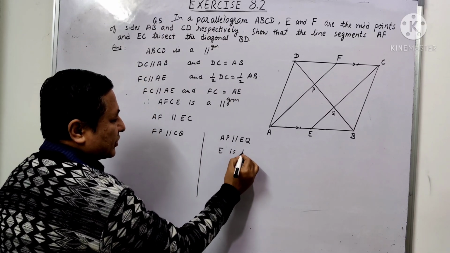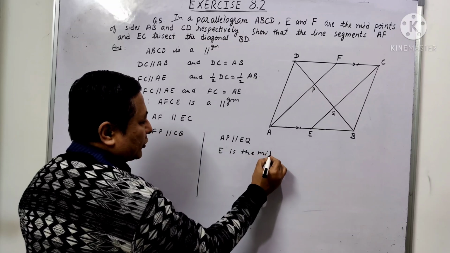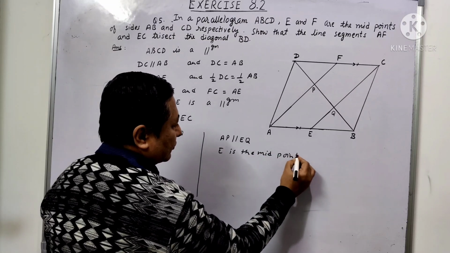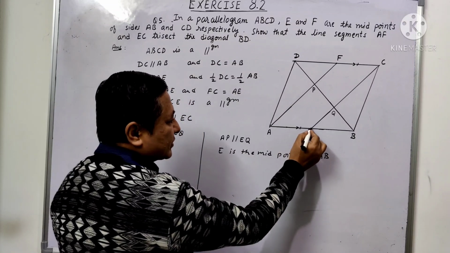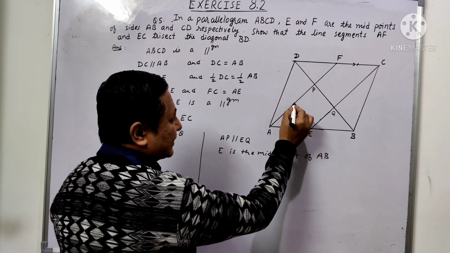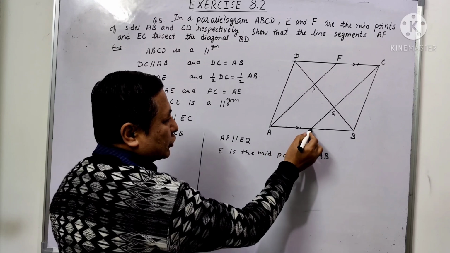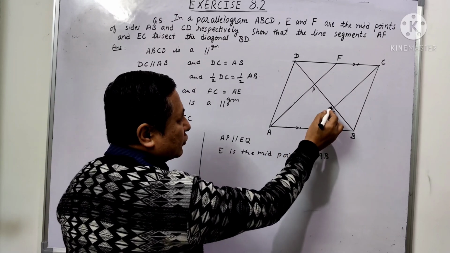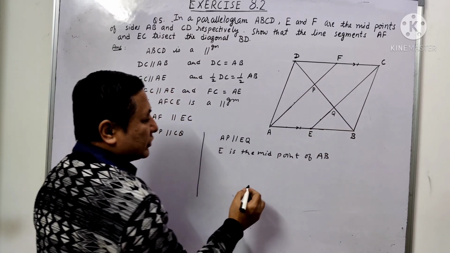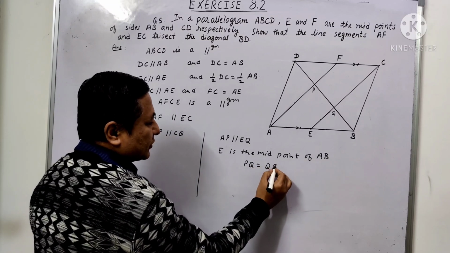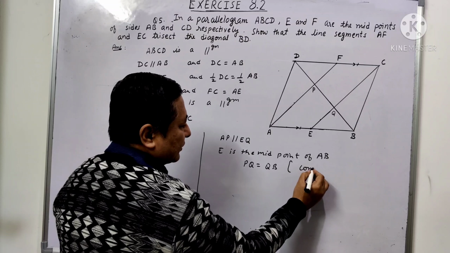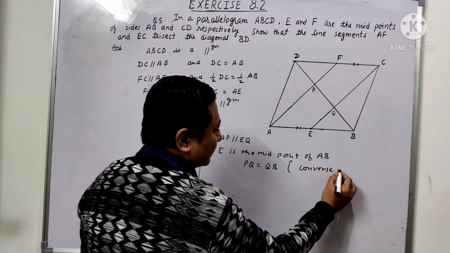Since E is the midpoint and these lines are parallel, the line segment EQ will divide PB into two equal parts. That means PQ is equal to QB, and the reason is the converse of the midpoint theorem.